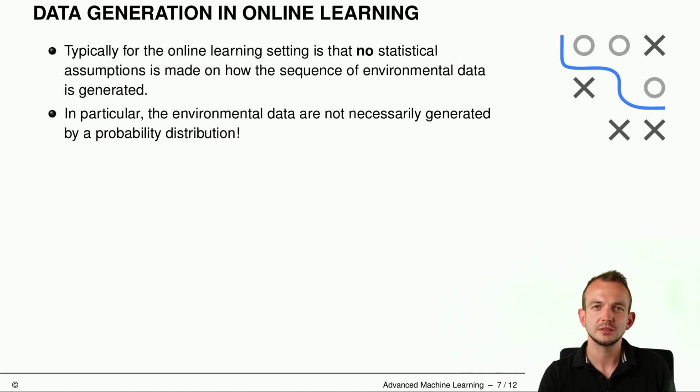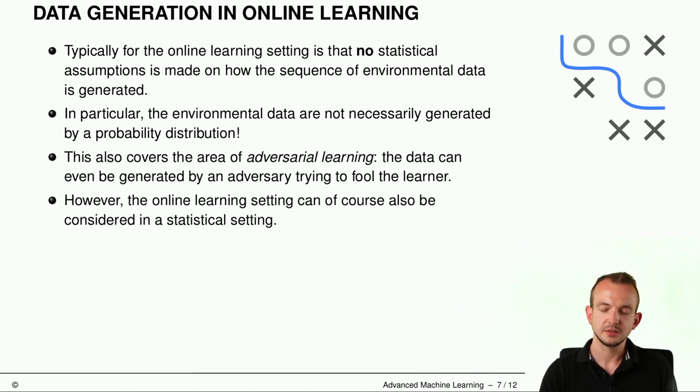You usually assume nothing at all about the generation of the environment data. You can also have the case that the data is generated by some adversary. This is also the reason why typically no statistical assumption is made.